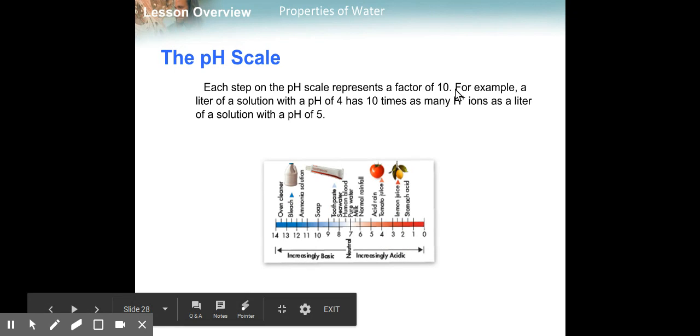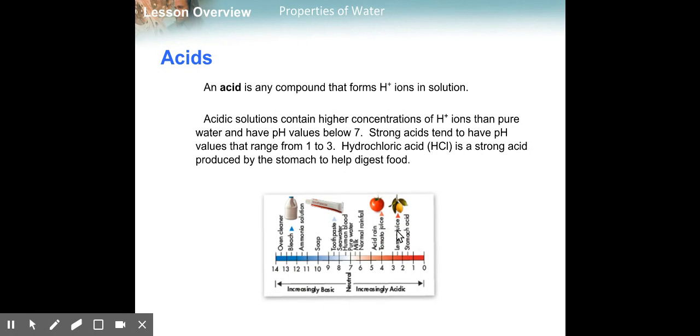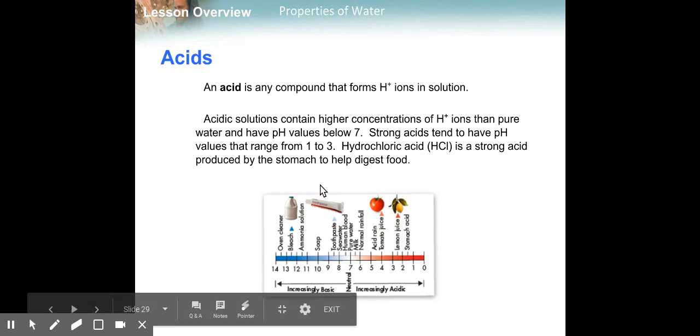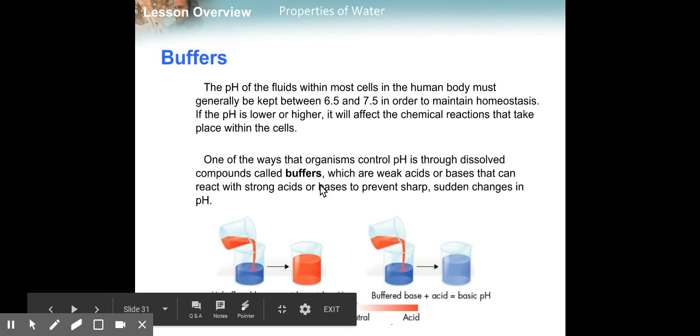Each step of the scale is a factor of 10. So going from 1 to 2, that's taking it times 10, basically. Again, acid forms hydrogen ions, and base forms hydroxide ions.